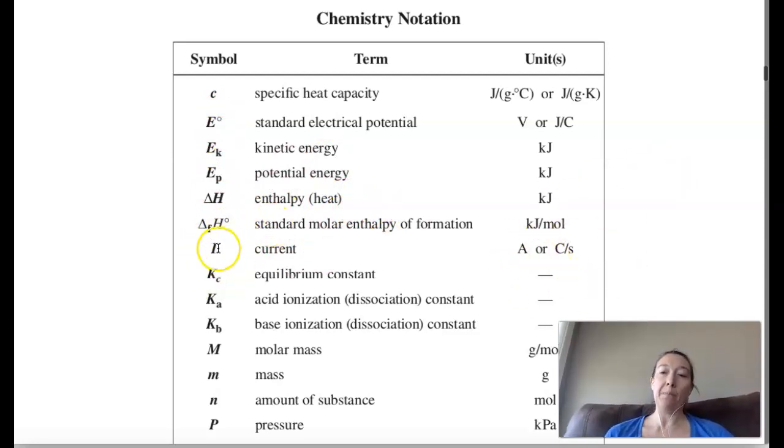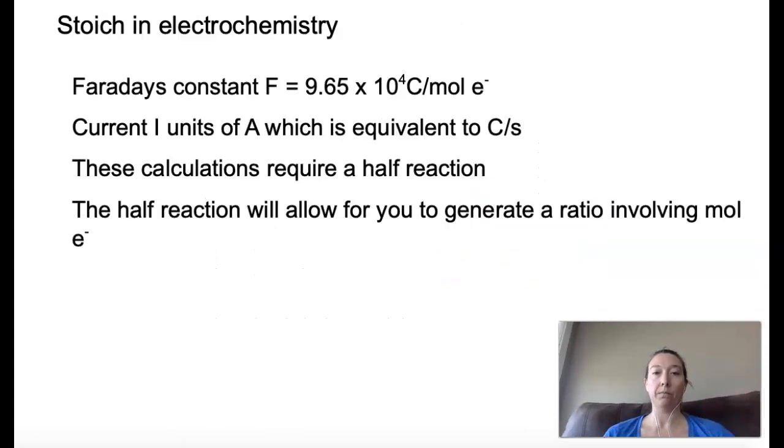Here's that capital I. It stands for current. Generally, we're going to give you that current in amps. But so you can do your unit analysis, you need to recognize that an amp is the same as a coulomb per second. So we're just going to switch that unit from amps to coulombs per second. Again, you don't have to memorize it because it is in the data booklet for you.